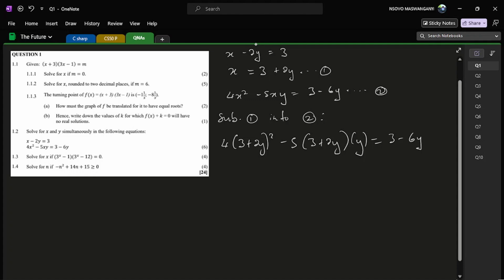So we now only have y's right there, so it's easy to solve for an equation if it only has one variable, right? So what I'm going to do is quickly multiply out these, so you can try to multiply yourself as I quickly multiply. You can pause the video and try to multiply and see if we come up with the same answer. I'm going to quickly do this, so stay tuned.